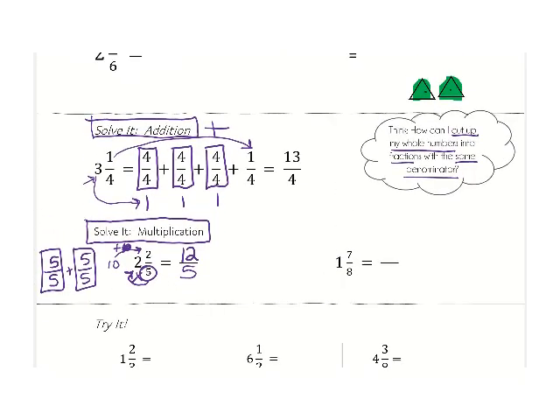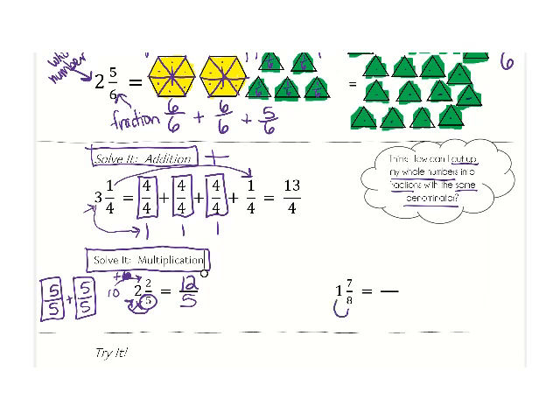First I multiply my denominator times my whole number. 8 times 1, that's 8. And then I add in my numerator. 8 plus 7 is 15. My denominator doesn't change. That's the size of my pieces. So 1 7/8 is the same as 15/8.